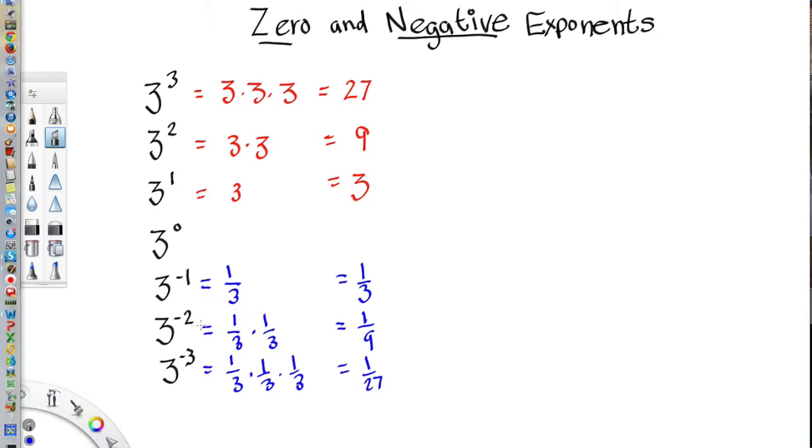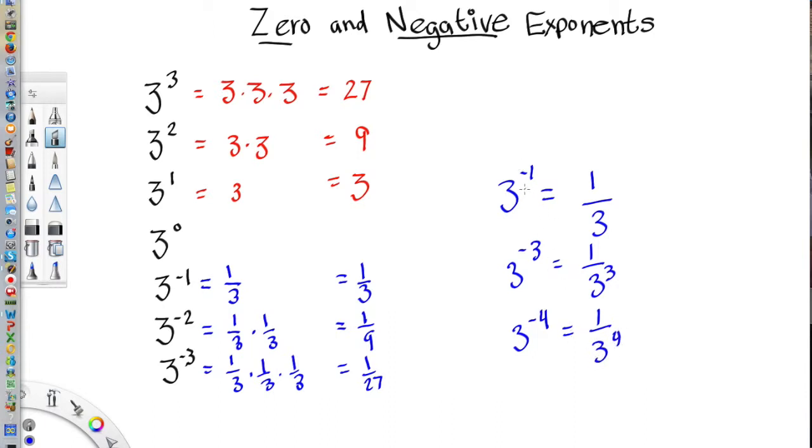Okay, and what's really going on here is anytime we have a negative exponent, like 3 to the negative first power, we can shortcut this whole thing by just saying it is 1 divided by 3. 3 to the negative third would be 1 divided by 3 to the third. 3 to the negative fourth power would be 1 divided by 3 to the fourth power.